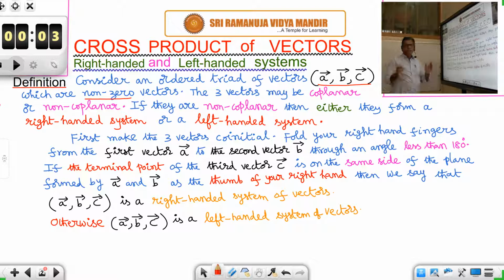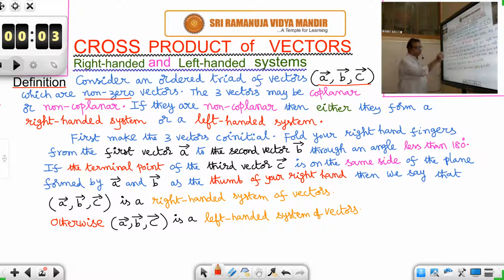If they are non-coplanar, then there are two types: either they form a right-handed system or a left-handed system, which is defined as follows.